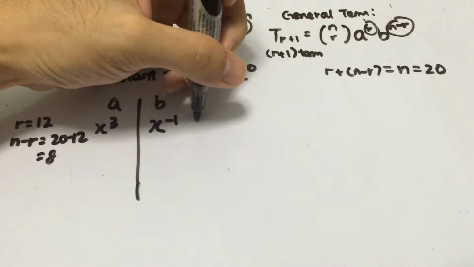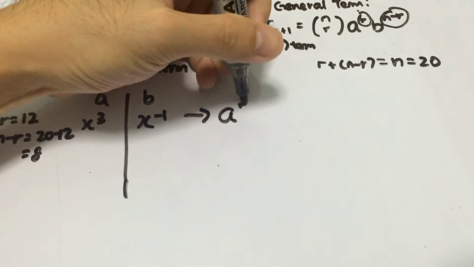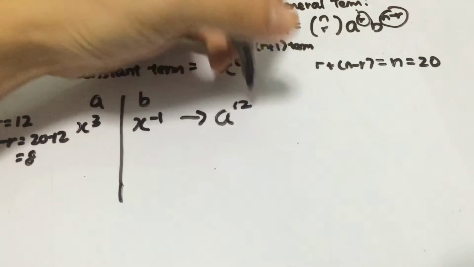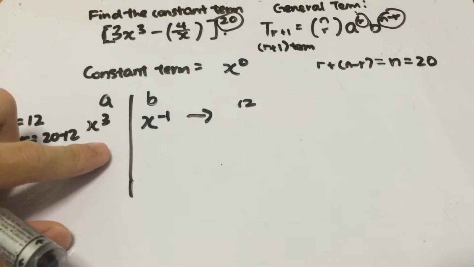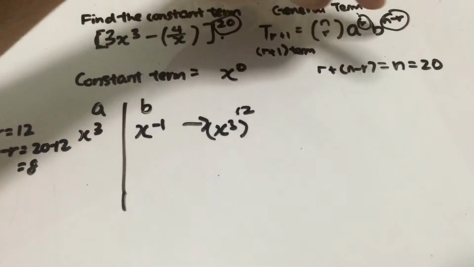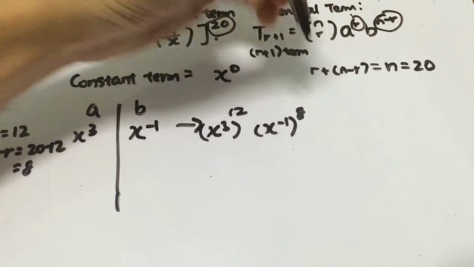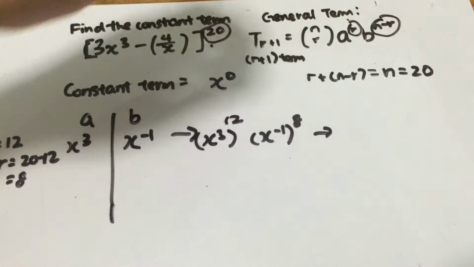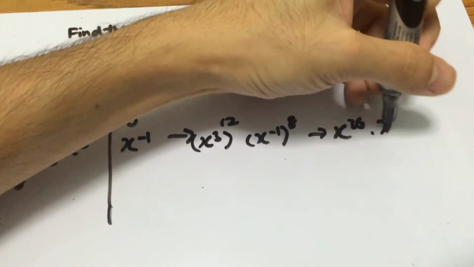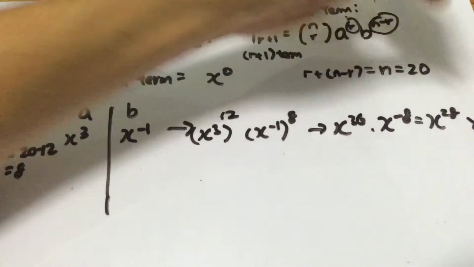So a to the power of r, where r is 12 and a is x cubed, and b to the power of n minus r is x to the power of -1, to the power of 8. So we get x to the power of 3 times 12, which is 36, times x to the power of -8. That gives you x to the power of 28, and that is not the constant term that I want.